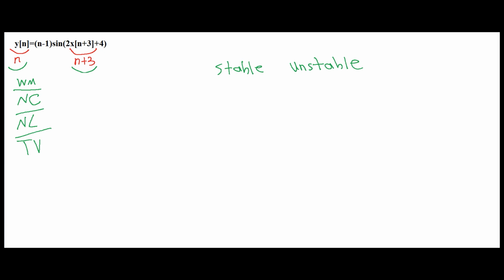The next property is stability. We use BIBO stability. The system is stable if every bounded input produces a bounded output. To test this, we assume a bounded input, for example, a constant value a.